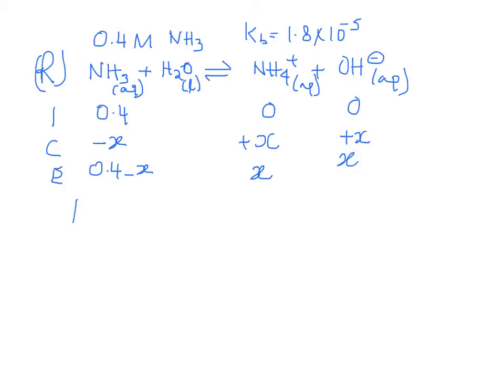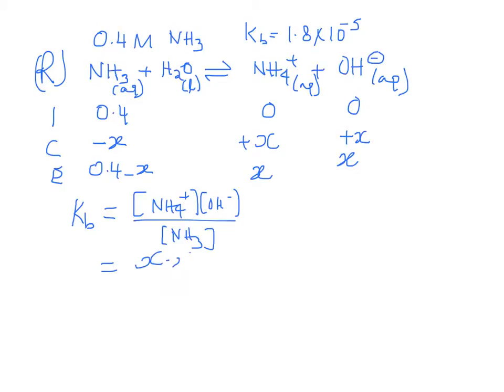So now if you want to set up your Kb, you would say that it is ammonium times hydroxide divided by ammonia. So plugging in values from the ICE table, it's x times x divided by 0.4 minus x. And of course, the value of Kb is 1.8 times 10 to the power of negative 5.